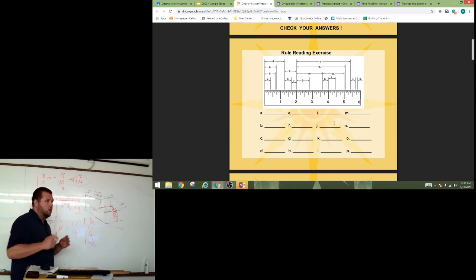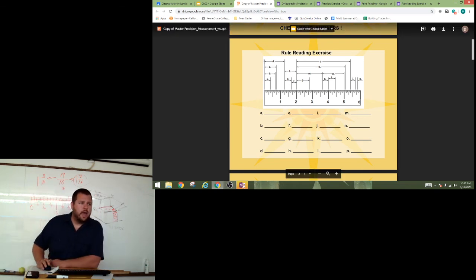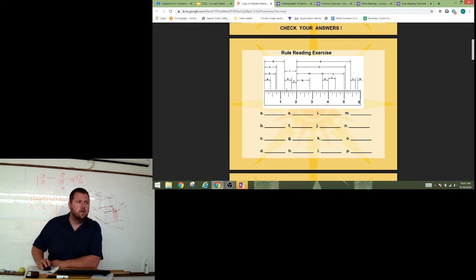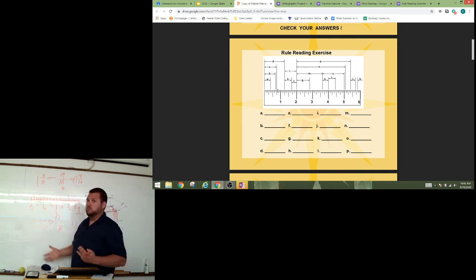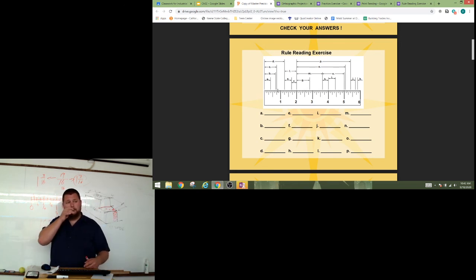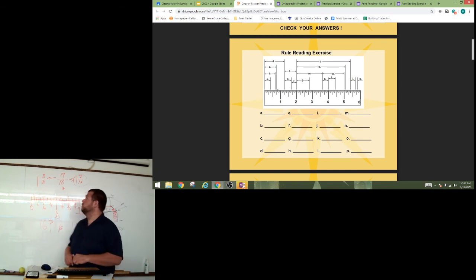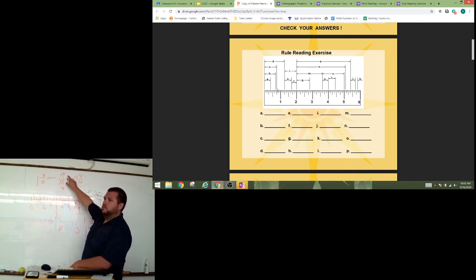What you're doing is looking at the first 1, 2, 3, 4, all starting at 0, and you're trying to figure out, in lowest terms, what they're showing. So if it's at 5/8, write 5/8. Same format. I think there are 16 questions on each one of these. Lowest terms, mixed numbers. You writing it like this may or may not work out well for you, but I'm looking for this.